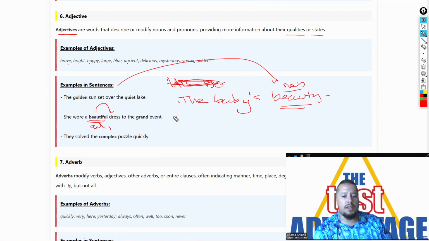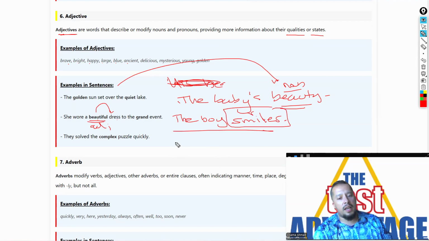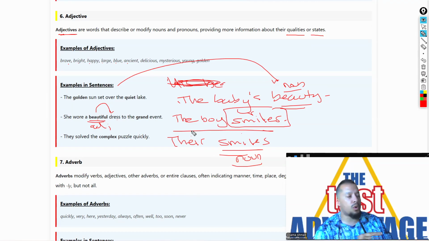Or for example, we can say the boy smiles, right? Here you have a verb, smiles. But now, if I say their smiles, now it became a noun. So it depends how you use the word.